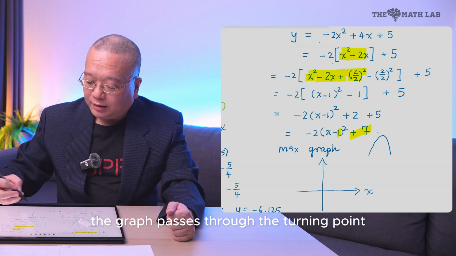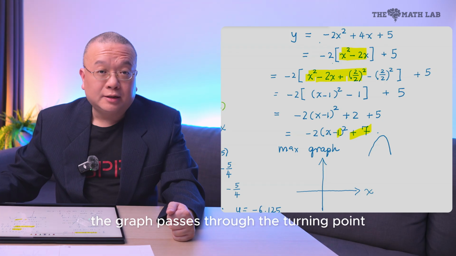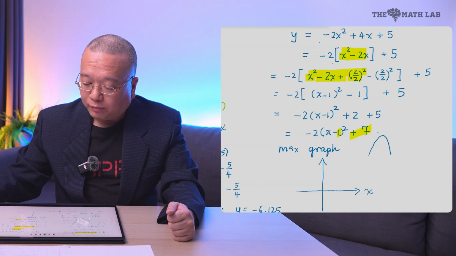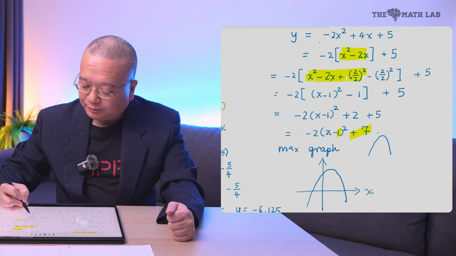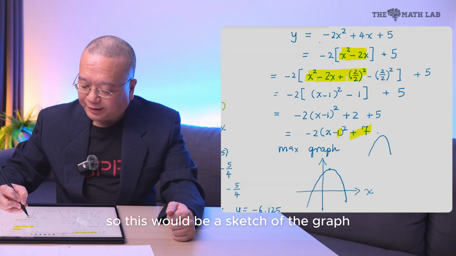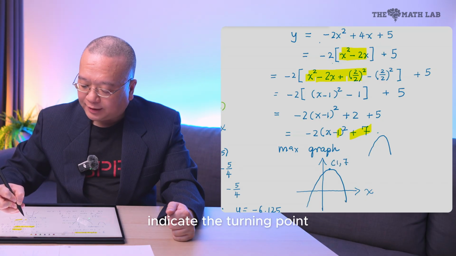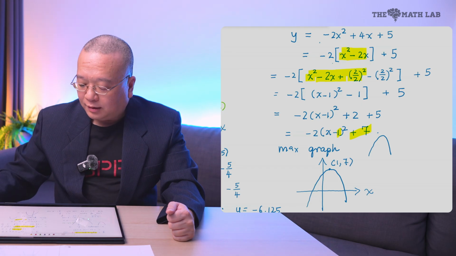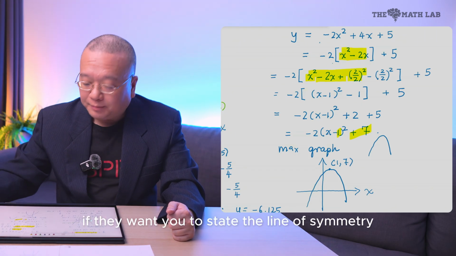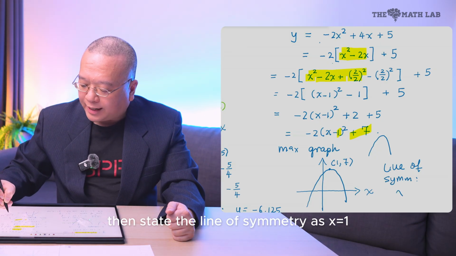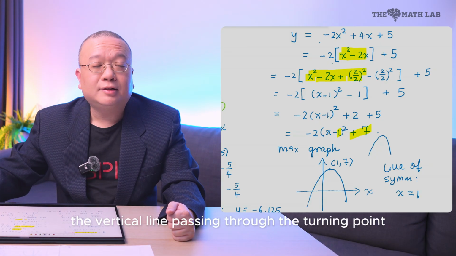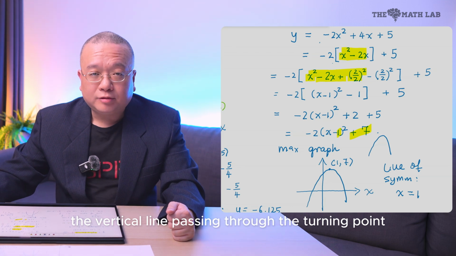The graph passes through the turning point (1, 7). So this would be a sketch of the graph. Indicate the turning point. If they want you to state the line of symmetry, then state the line of symmetry as x equals 1, the vertical line passing through the turning point.